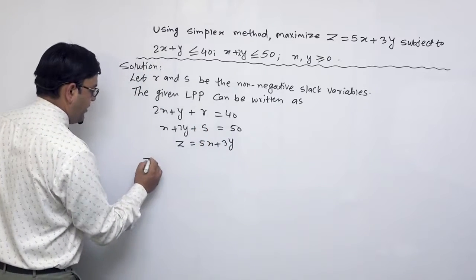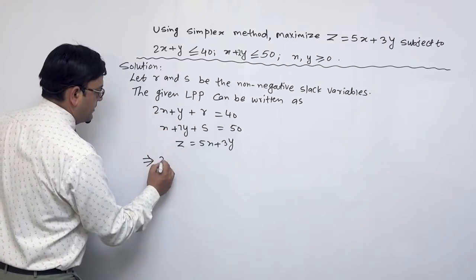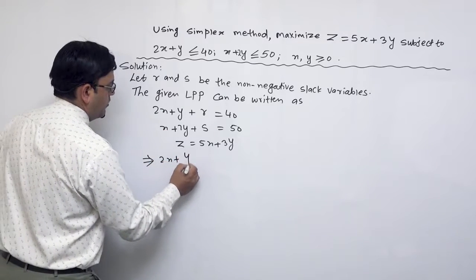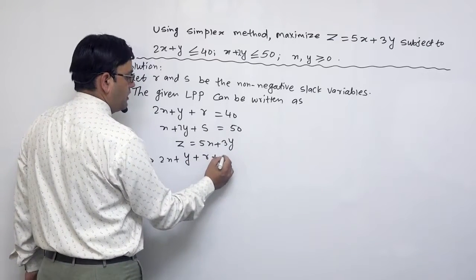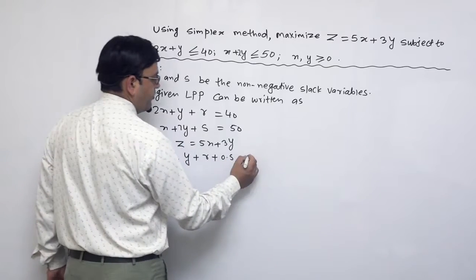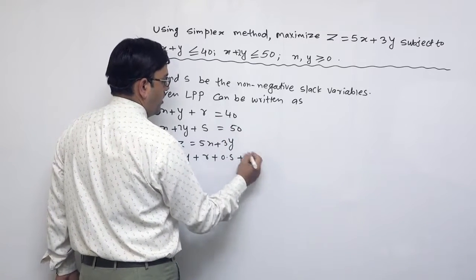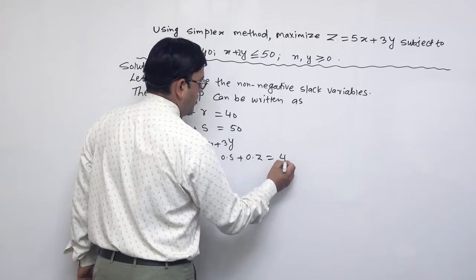We write this as 2x plus y plus r plus 0 times s plus 0 times z is equal to 40.